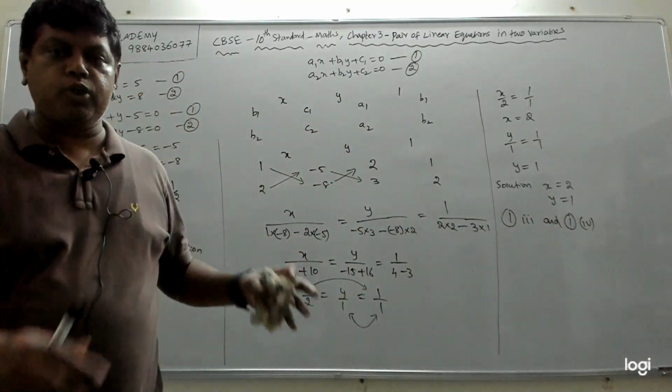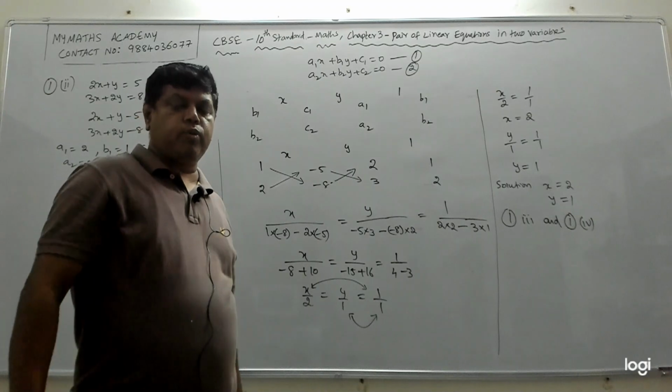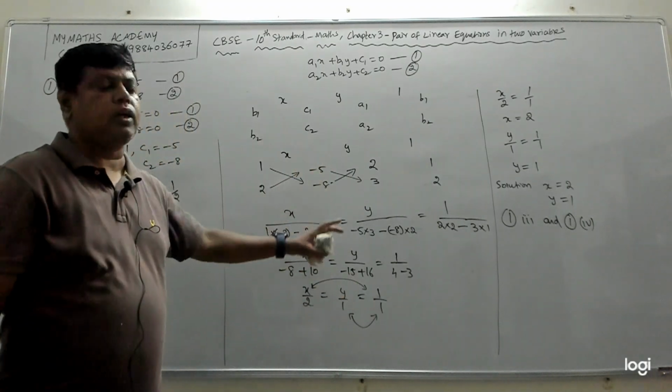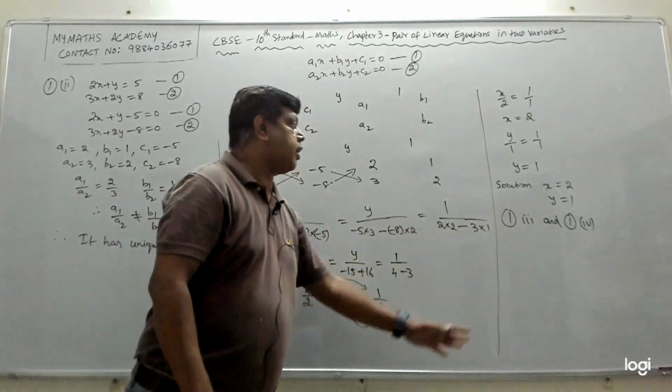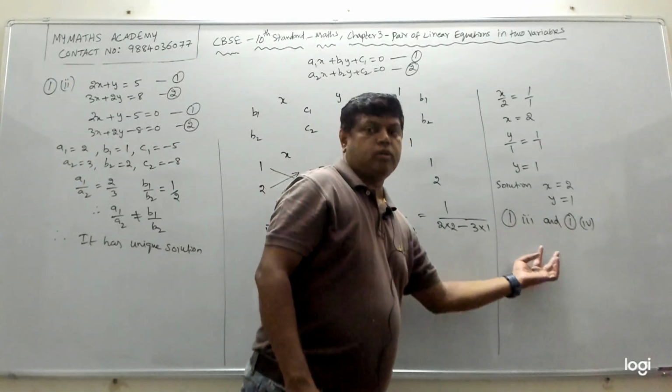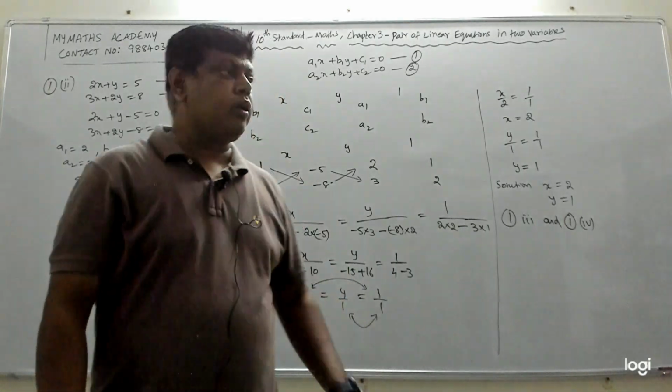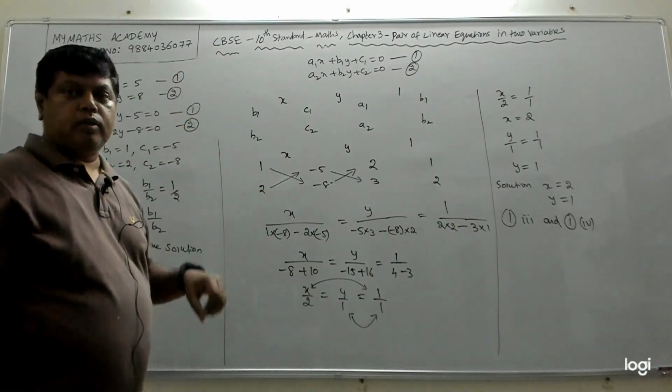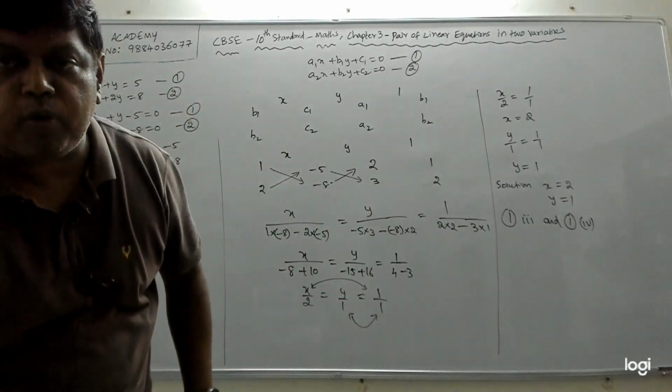You have to check the ratio and see whether it is a unique solution. If so, solve using the cross multiplication method. If you have any questions, you can WhatsApp me and I will try to answer as much as possible.